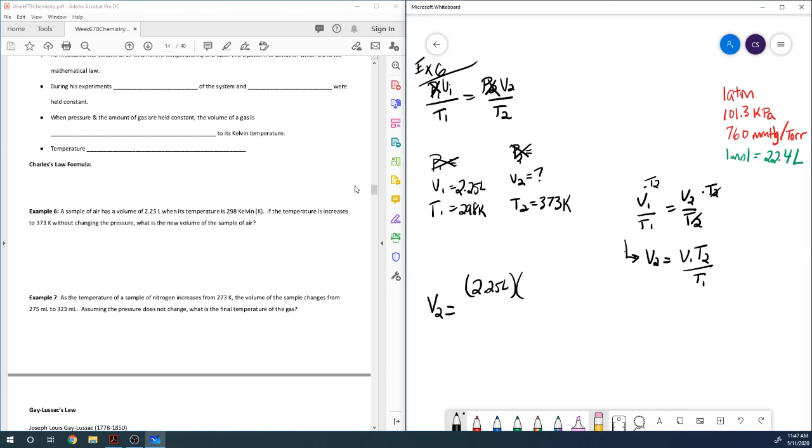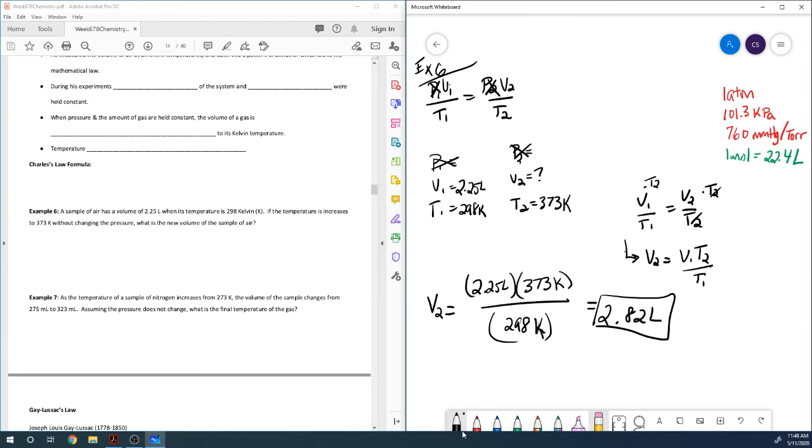that was our V1. I said the last thing I remembered was saying V2 and I was confused about it. Okay, now our T2, 373 K, divided by our T1, which is 298 K. Okay, so 2.25 times 373 divided by 298 equals 2.82 liters.